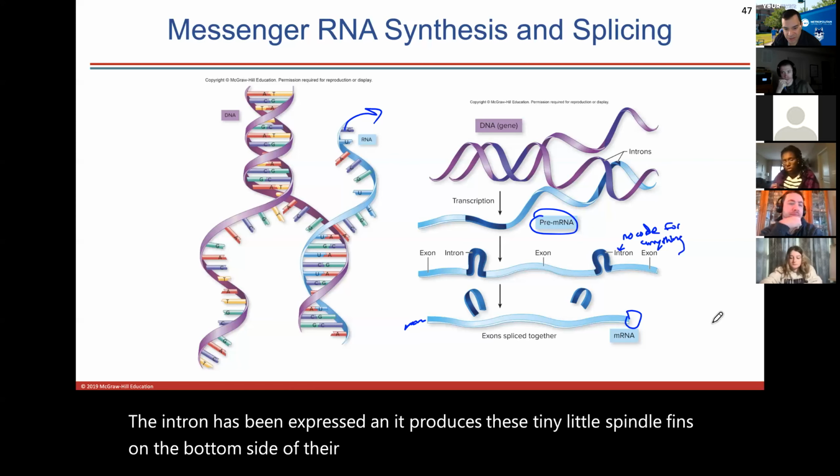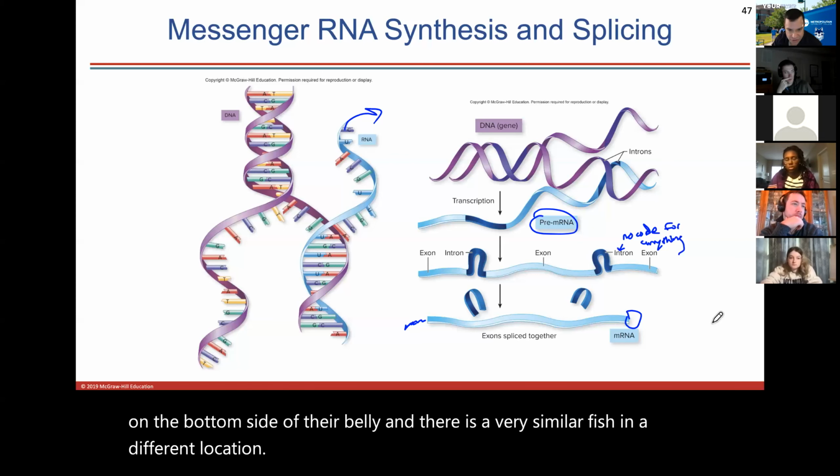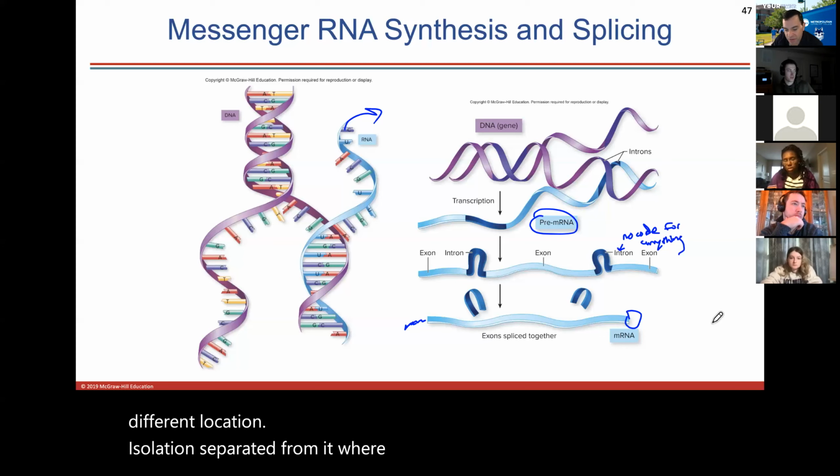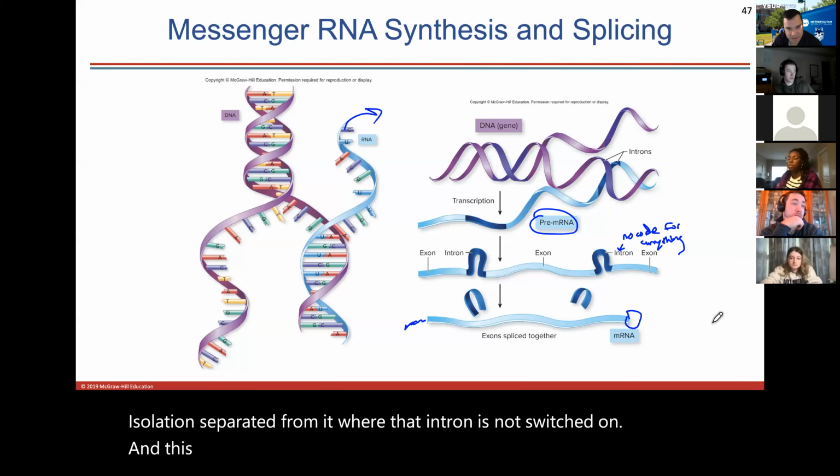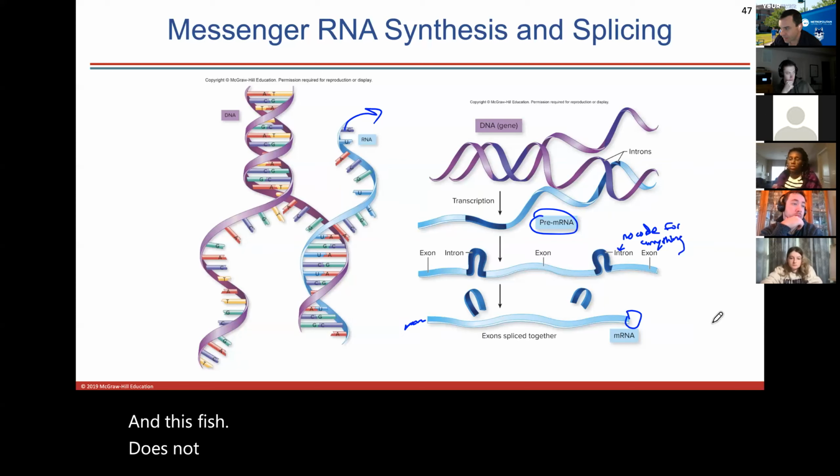And there is a very similar fish in a different location, in isolation, separated from it, where that intron is not switched on. And this fish does not have that same spindle-like fin on the bottom side of their surface.